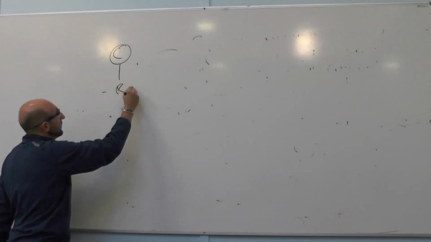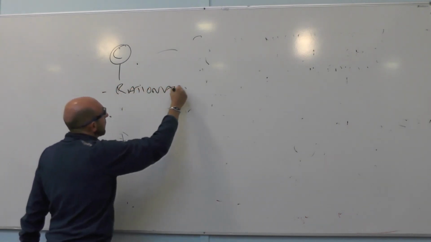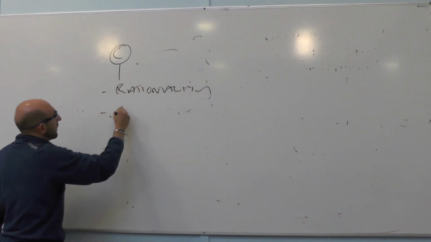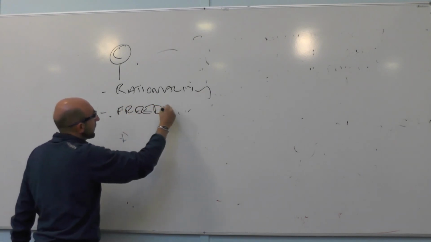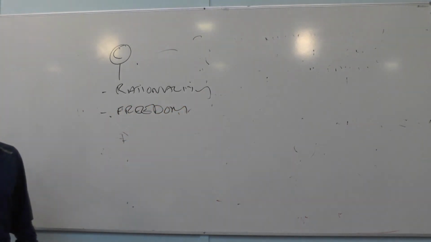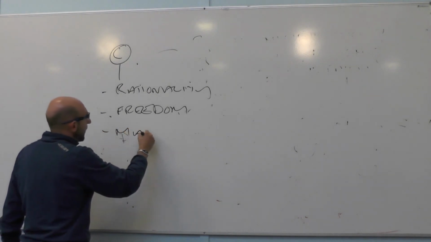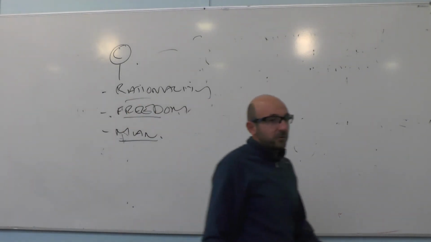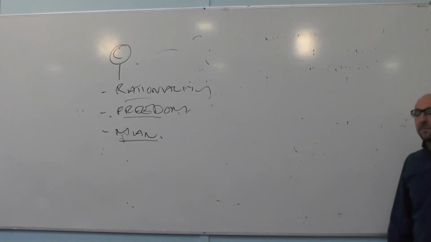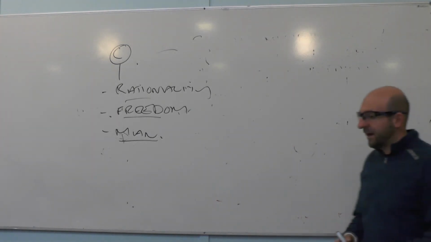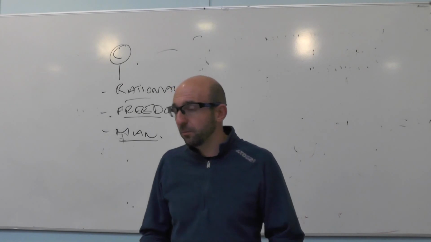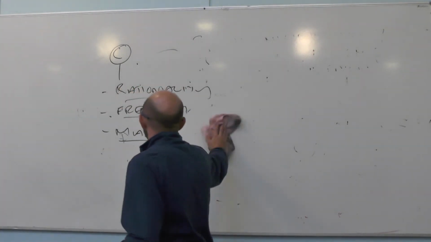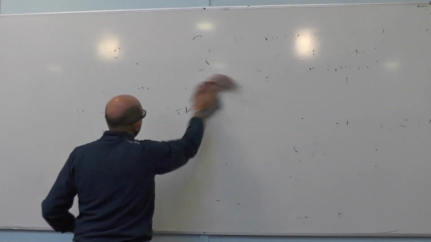So one, rationality. What else? Freedom. What else? Manipulability. Brilliant. Now there are more, but they're the ones that we outlined the other week. Likewise, positivists also make assumptions about the nature of human action. I'm going to go on to explain what they are in a moment. Just to remind us there.